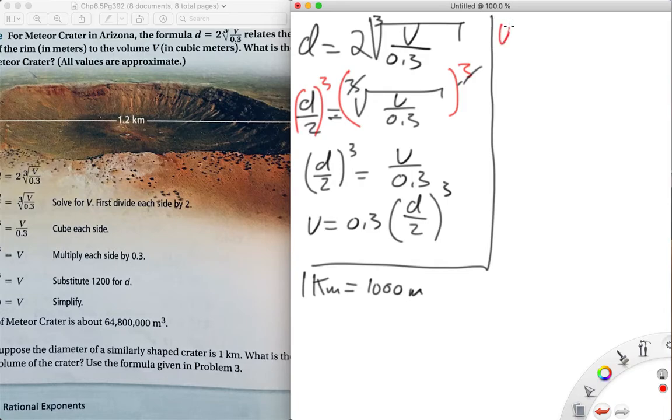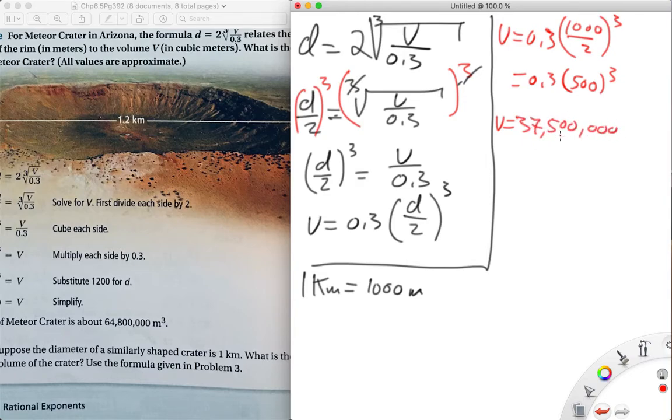So v equals 0.3 times (1,000 over 2) cubed, which equals 0.3 times 500 cubed. 500 cubed is a big number, times 0.3, and I get that the volume is equal to 37,500,000 meters cubed.